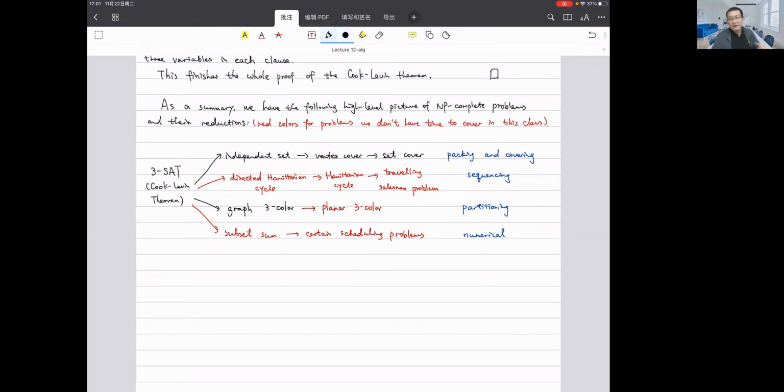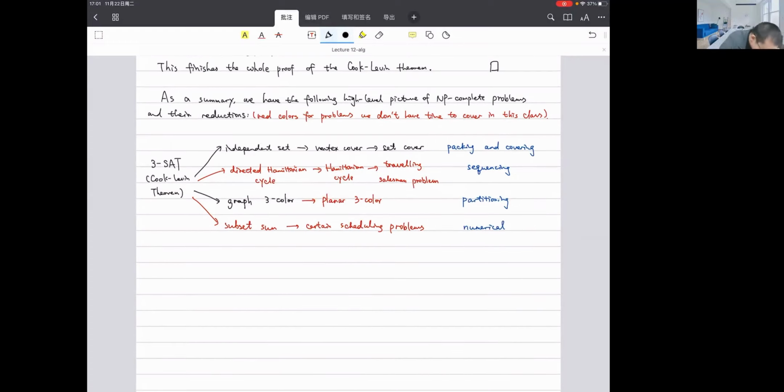In general, the NP-completeness of a lot of problems can be established by these kinds of reductions. In our exam, we will definitely have a problem asking you to show some problem is NP-complete. The proof should not be too difficult, but it is to make sure that you have a good understanding of what NP-completeness is.